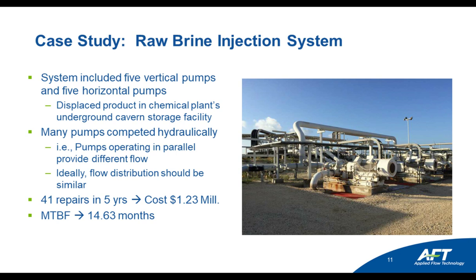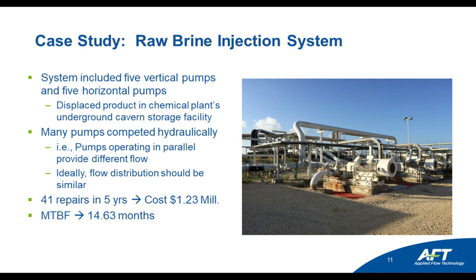So here's what happened: the plant had 41 repairs over a 5-year period, which ended up costing just under $1.25 million. So repair after repair, like seal failure after seal failure. They kept having problems, and they just kept putting a Band-Aid on the system, essentially.